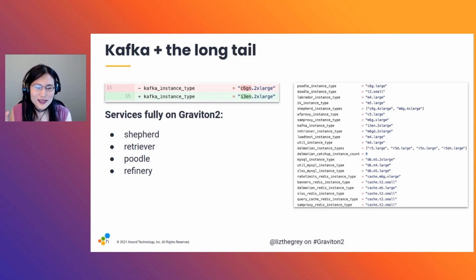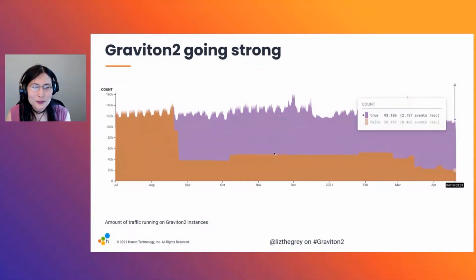You're better off running on ARM64 out of the box than AMD64. It was really designed to run on ARM64 just fine. So those are the four key services out of our eight services that are running on Graviton2. And we validated that it is possible to run the full data flows through Kafka as well. It just doesn't make sense for us right now at this moment.